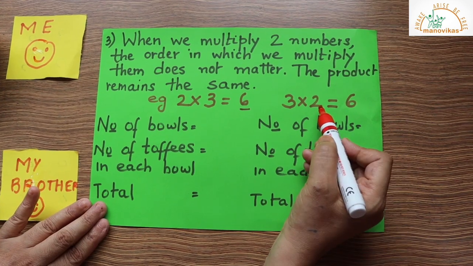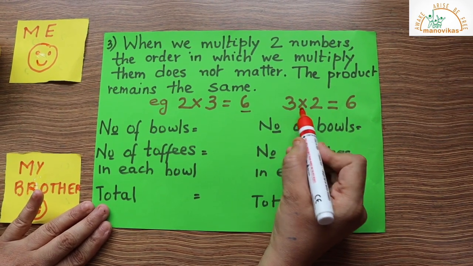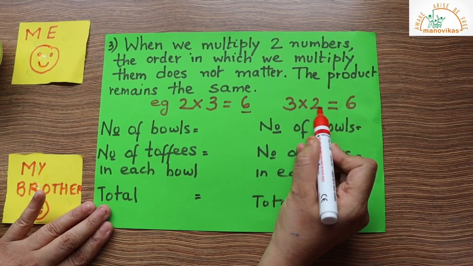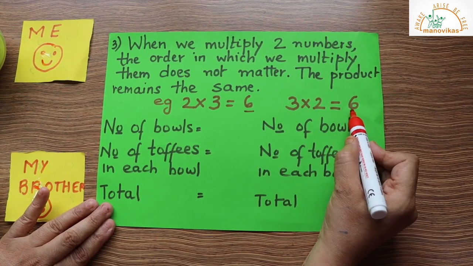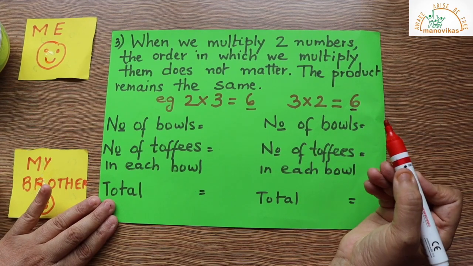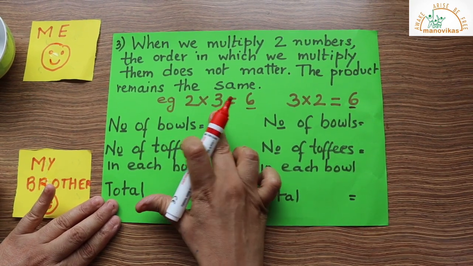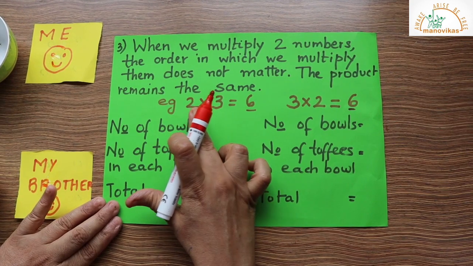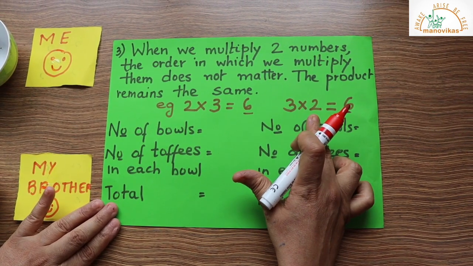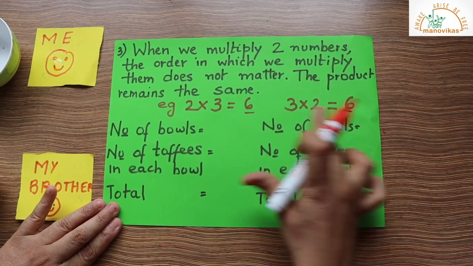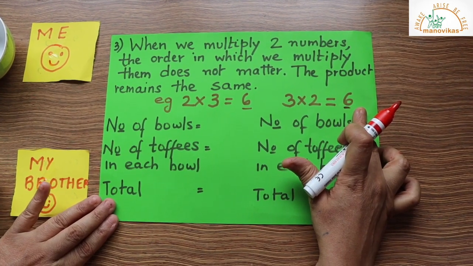Again, in this example, I have multiplied 3 first and then written 2. So 3 multiplied by 2, the answer again is 6. So, the order in which I have written, whether it is 2 multiplied by 3 or 3 multiplied by 2, is not important. The answer you will get is the same.